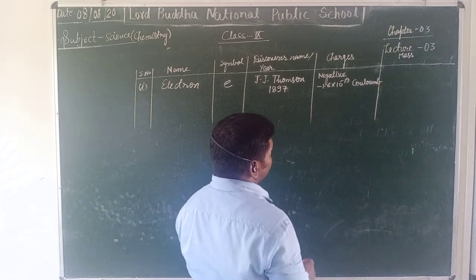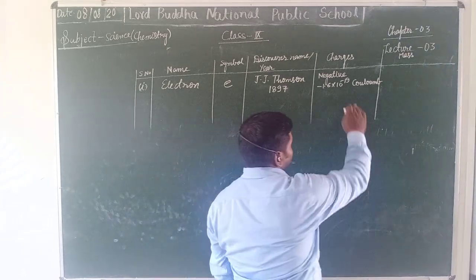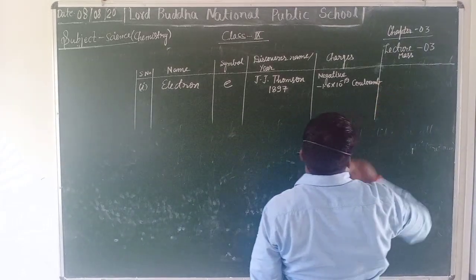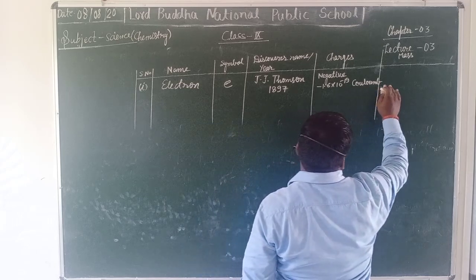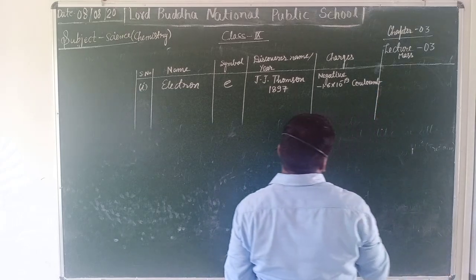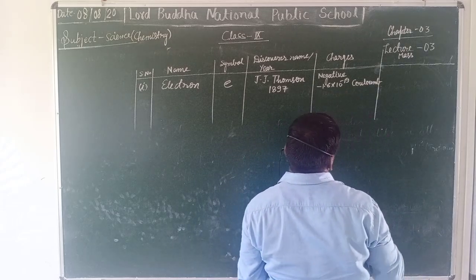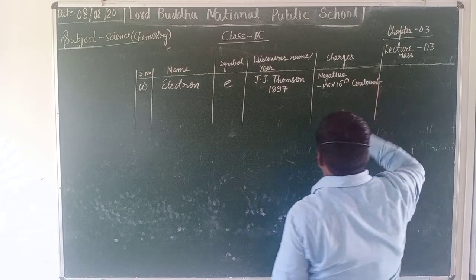The coulomb can be easily represented by the capital C, but here I write the full word coulomb.